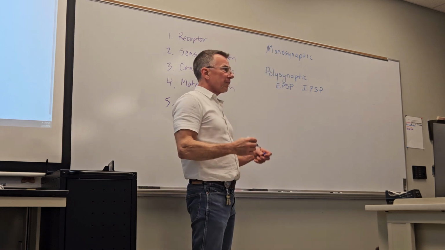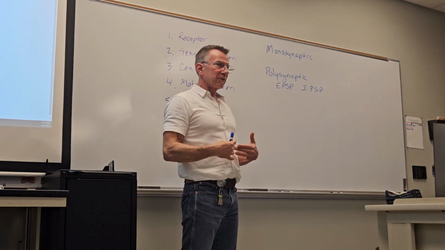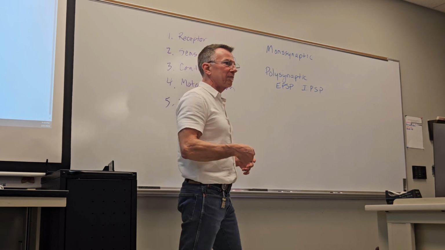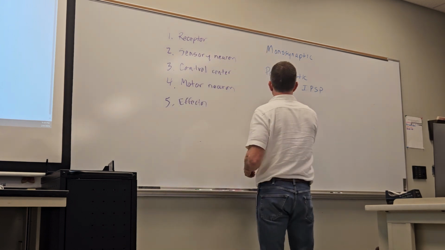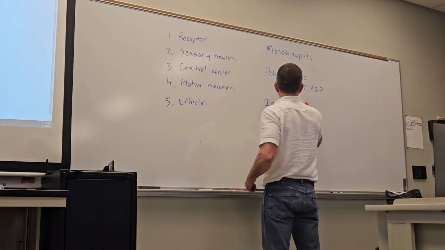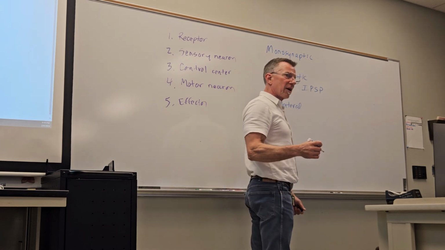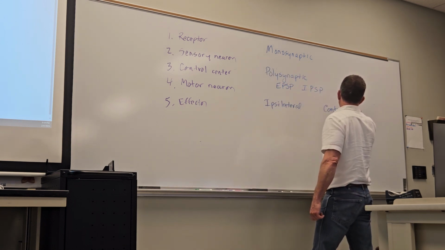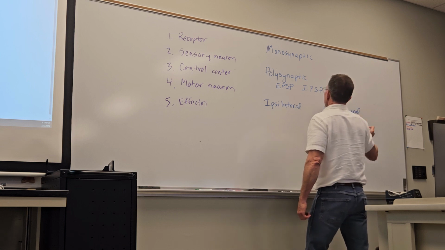And they can either happen on the same side of the body or on opposite sides of the body. If it happens on the same side, it is called ipsilateral. And if it involves both sides of the body, it's called contralateral.